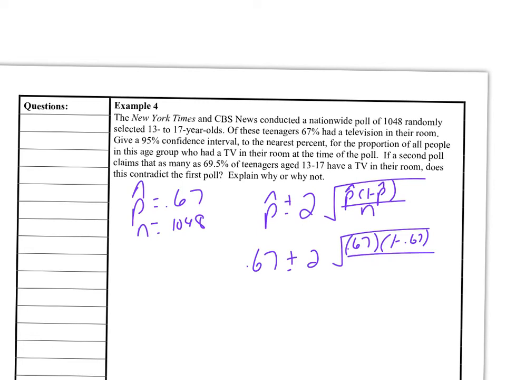You'd be okay with that. All over 1,048. And again, you can type it right in the calculator as is. 2 times all of that is going to give you 0.029, which then gives you an interval from 0.641 all the way up to 0.699, almost 70%. Nice.